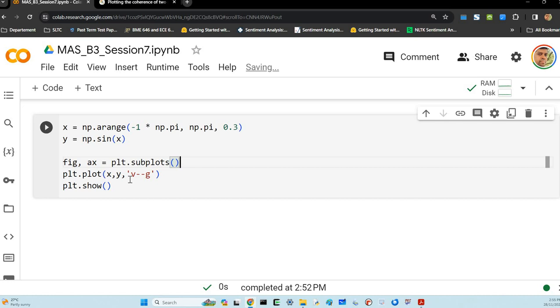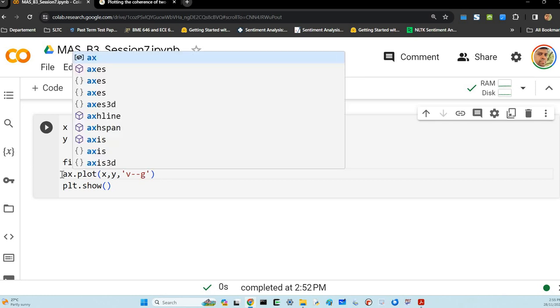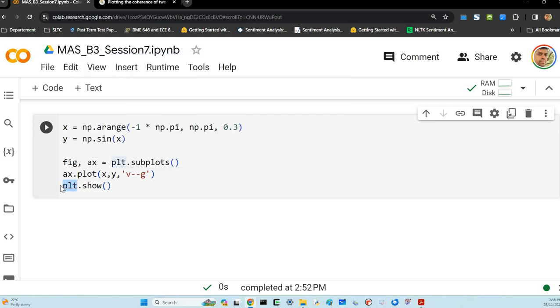So basically what we do here, we separate the figure and the axis. Now the plotting command should be put into the axis. So instead of plt here, I now put it as ax.plot. Same thing can go like this. The show command here should go to the figure.